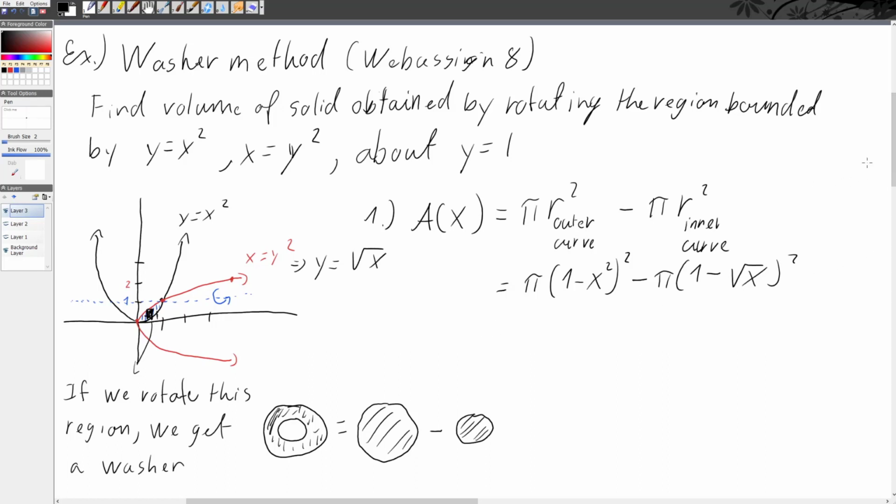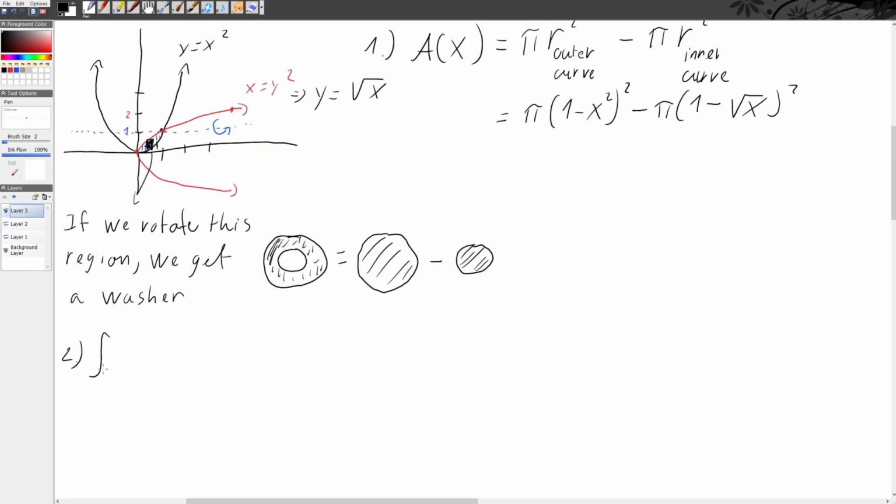Just set up the integral. The integral is now going to be from 0 to 1. We are rotating about a horizontal axis. And then the integrand is going to be pi times (1 minus x squared) squared minus pi times (1 minus the square root of x) squared, dx, which is going to be equal to the integral.